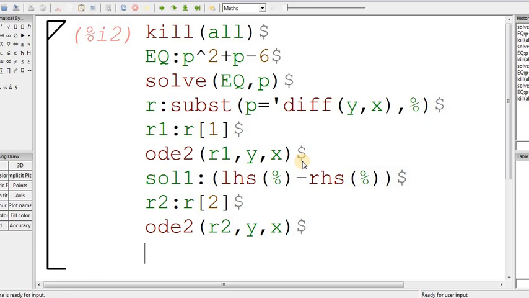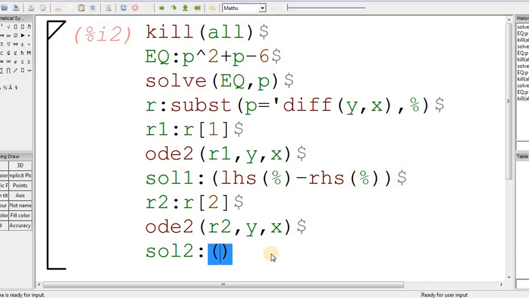Now I have to write solution 2. SOL2 equals R colon. What is solution 2? LHS of percentage, and here I have to write it in brackets.